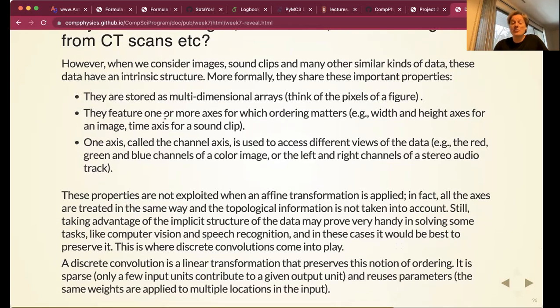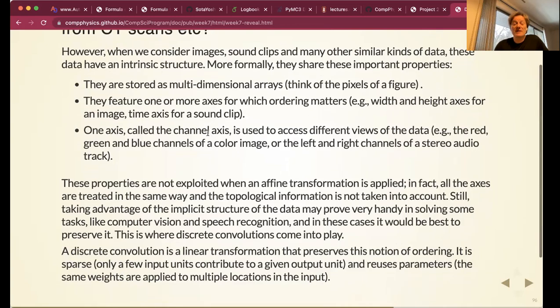They normally feature one or more axes for which the ordering matters. You would have the width and the height of an image, the time axis for a sound clip, and one axis, which is normally called the channel axis, is used to access different views of the data. You could have the red, green, and blue channels of a color image, or the left and right channels of a stereo audio track.